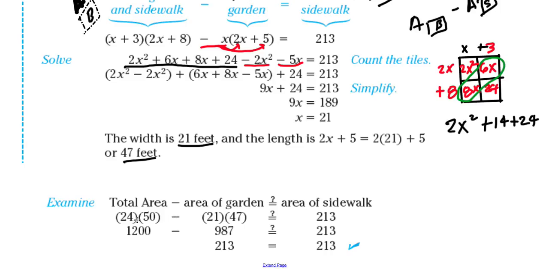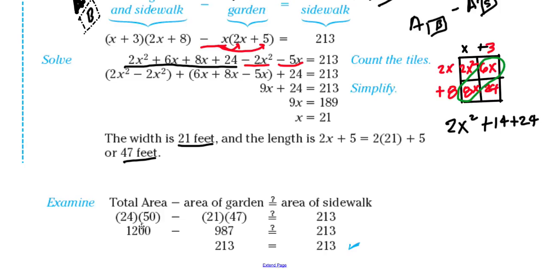Why is it 24 times 50? Because now we're looking at this whole thing, x plus 3 times 2x plus 8. That's the reason why it's 24, because x plus 3. That's the reason why it's 50, because this is 2 times 21 plus 8. 2 times 21 is 42 plus 8 is 50.